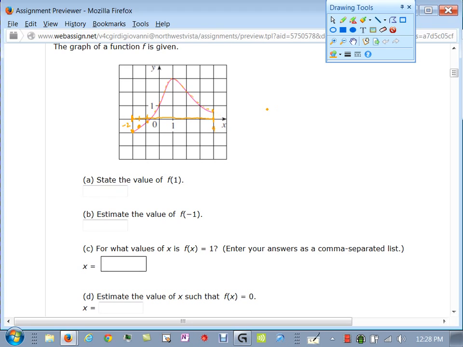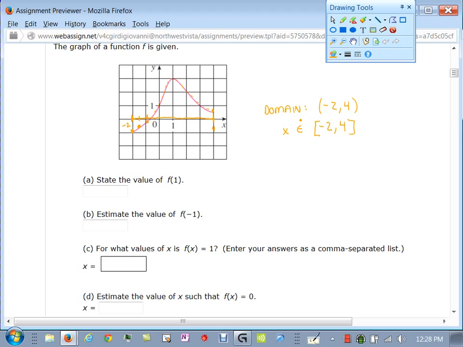So it looks like for domain, we're looking at the interval from -2 to 4. Actually, we can close that interval, assuming that the endpoints exist. Okay, so x is an element of that interval.